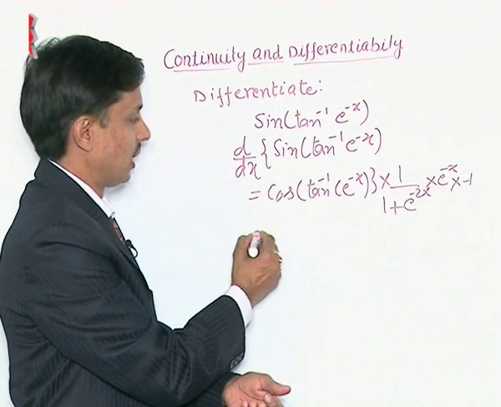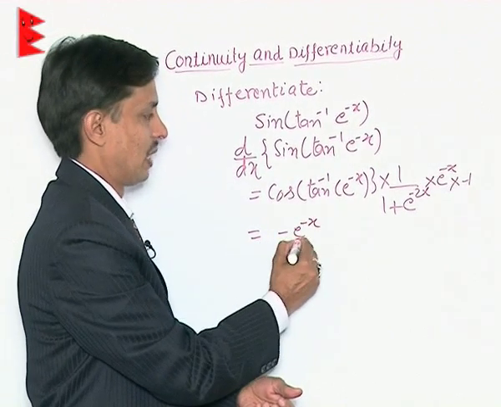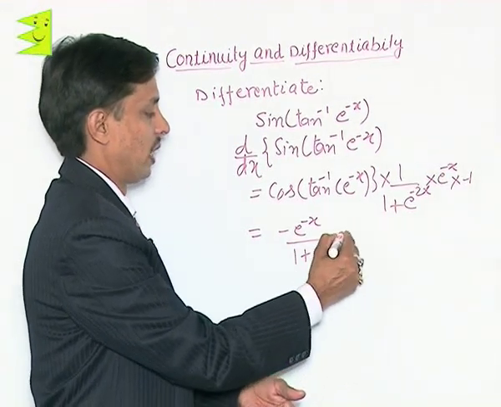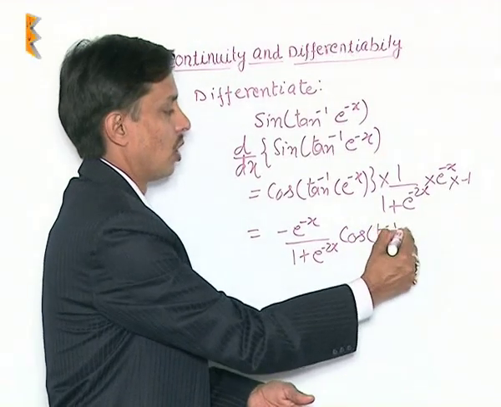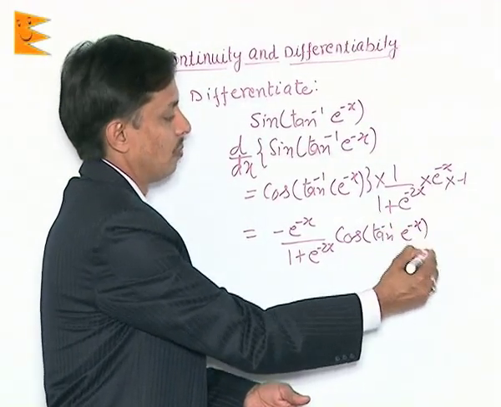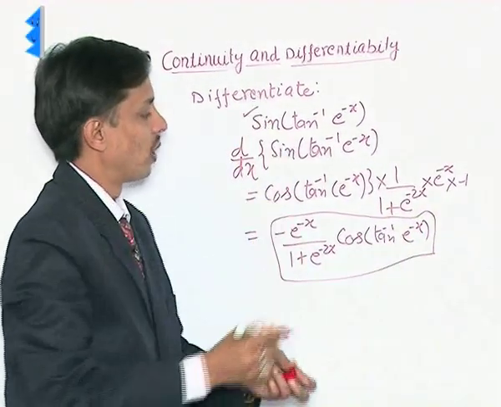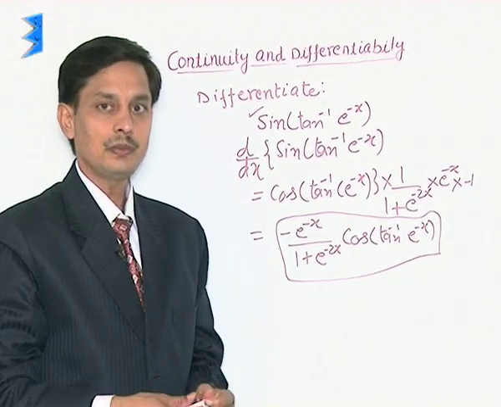So, we can say the net answer is minus e to the power minus x upon 1 plus e to the power minus 2x, times cos of tan inverse of e to the power minus x. This is the differentiation of the required problem using the chain rule.